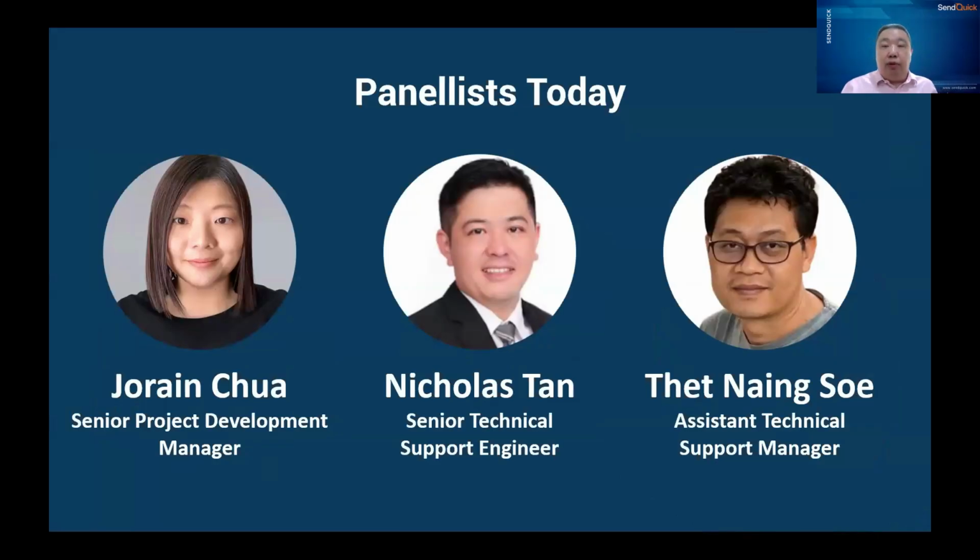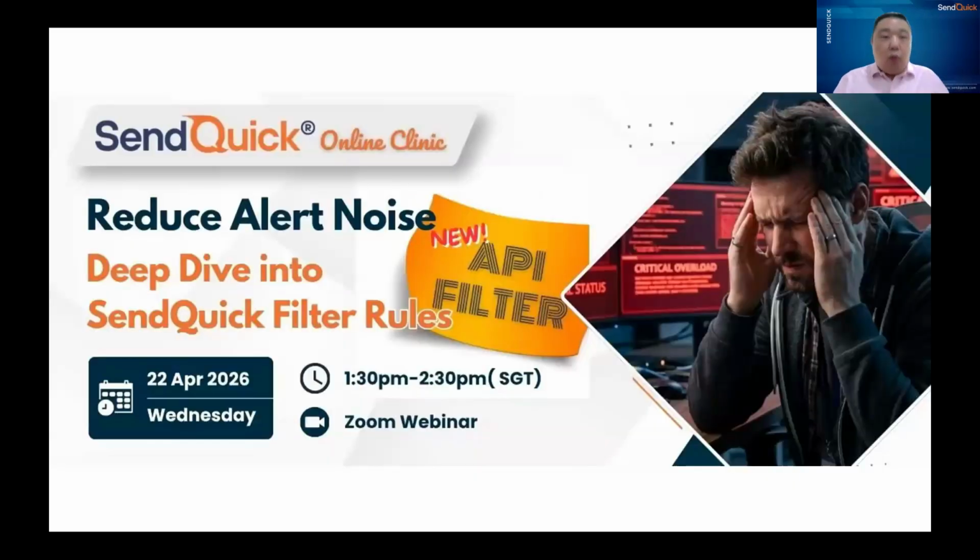So without further ado, I'm going to go straight into what we're covering and why we are doing this webinar. First is why alert noise is going to give us trouble and why we need to look into SendQuick Filter Rules. I believe some of you are already our existing customers, so welcome again, and I just want to refresh about our filter rules as well as talk about the new API filter.